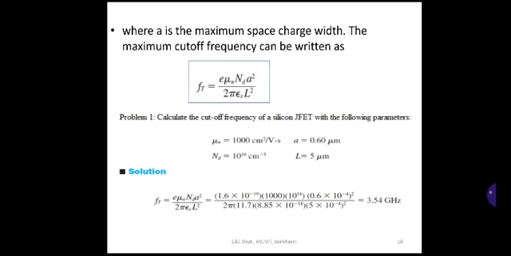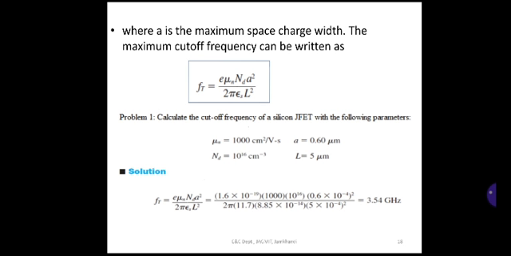Mu n, Nd and a are given, 2 pi as it is. Epsilon S value is 11.7 into 8.85 into 10 to the power minus 14. L is given as 5 micrometer. So substitute all the values and calculate.